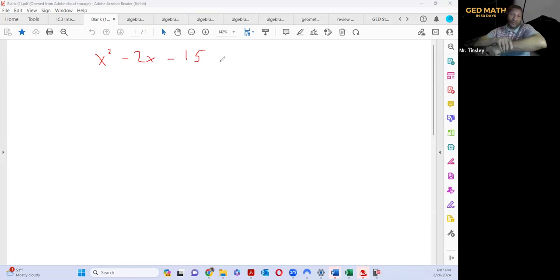If it's a quadratic expression, assume it's equal to 0 and make it an equation. So we've got x squared minus 2x minus 15. First of all, let's see if this is in standard form, ax squared plus bx plus c. My first question: is this in standard form?